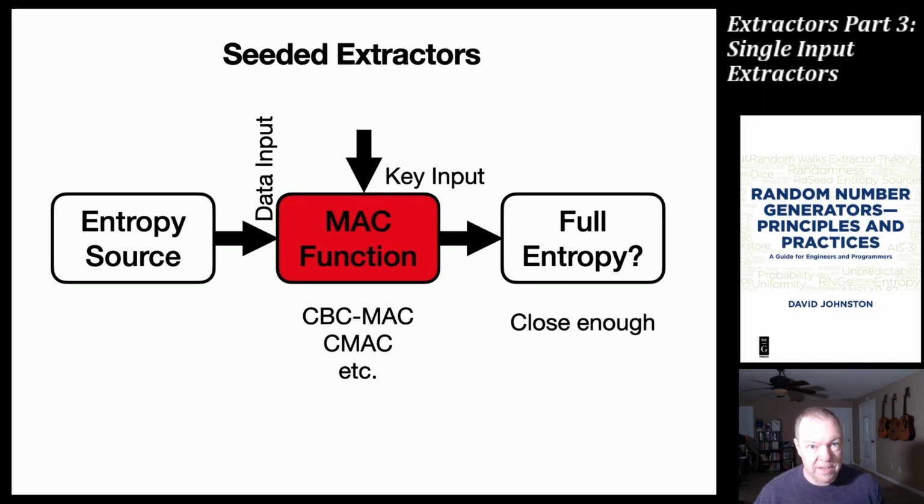So this is a little futile when you think about it. This universe can't give us full entropy data, and so there's no way I can actually get to a full entropy string to use as the key to feed a MAC function or any other keyed extractor, because the first extractor in the universe doesn't have any source of uniform data with which to produce more uniform data to use for the input to other extractors.